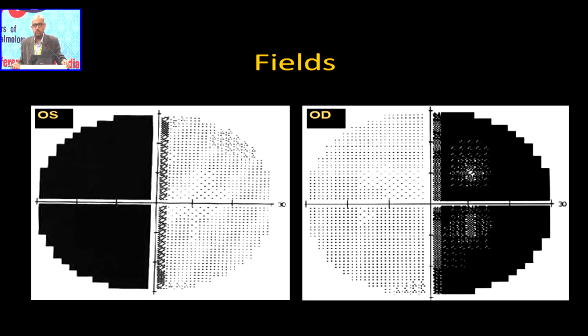Clear? So the nasal fibers, imagine that if there is an optic disc here and if there is a macula here, the nasal fibers go like this. What are they called? From macula to the disc? Papillomacular bundle. So they come and get attached on the horizontal part of the disc. Similarly, the nasal fibers also come and get attached here.